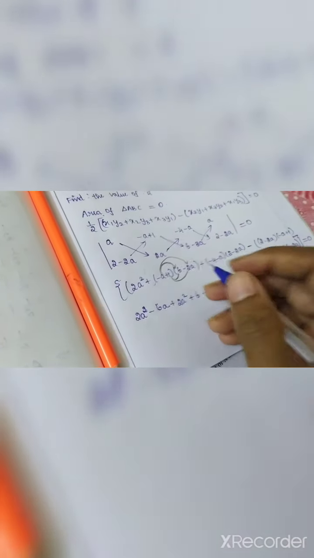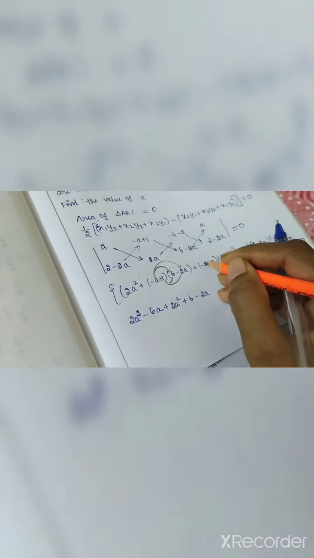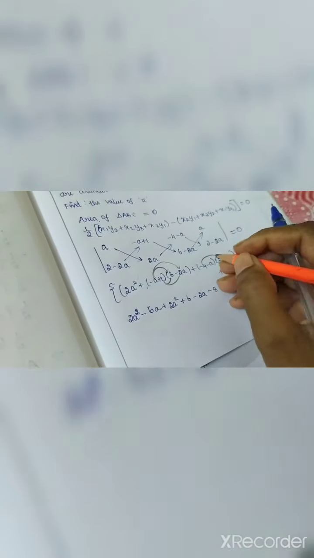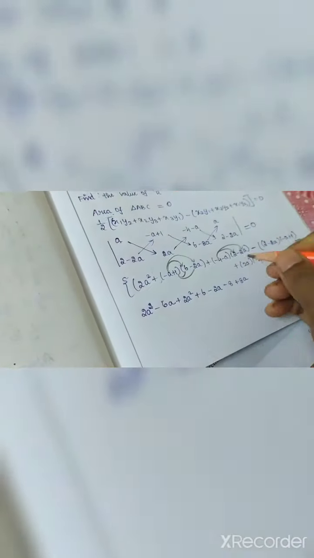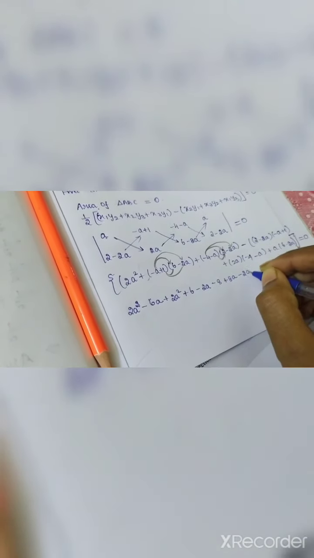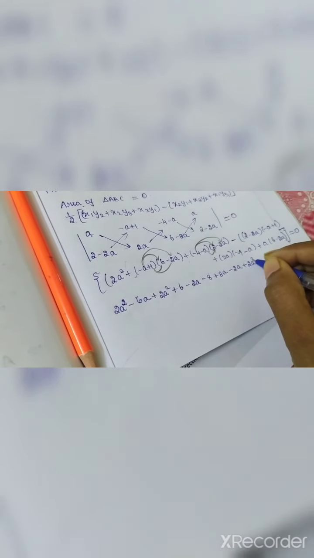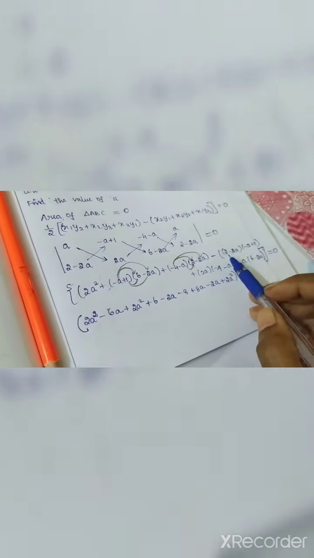Okay, this is my answer for this. And minus into plus minus 8, and minus into minus plus 8a, this value minus 2a, minus into minus plus 2a square. This is a full bracket.